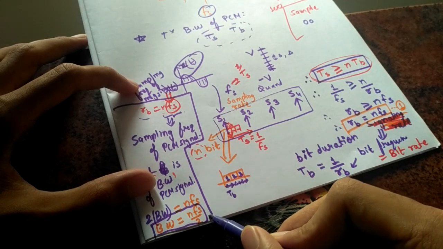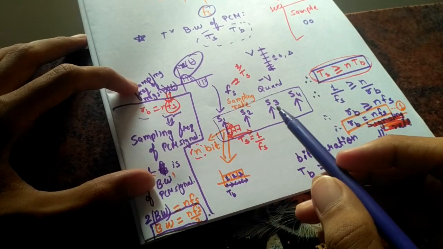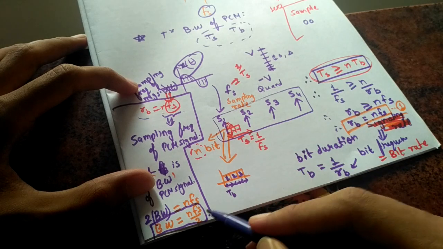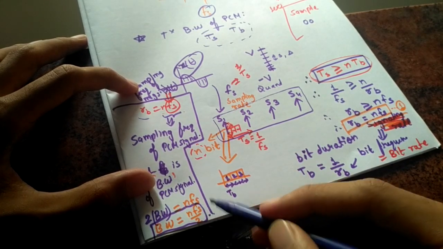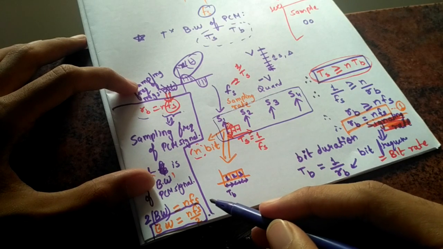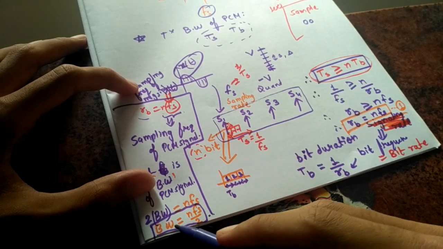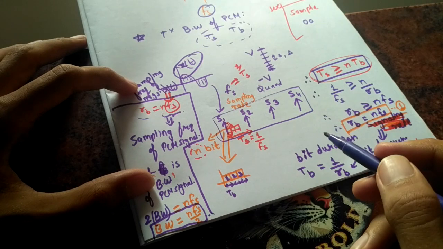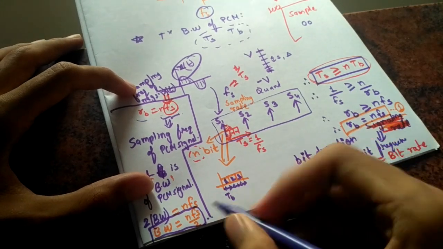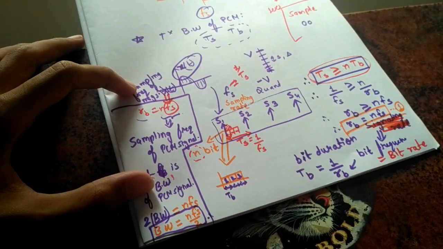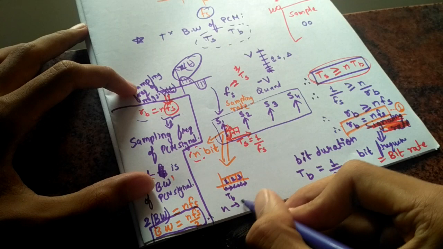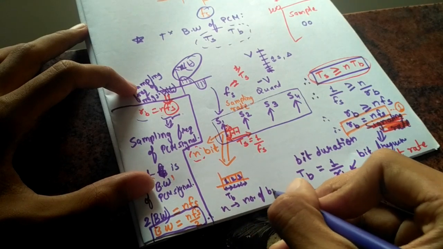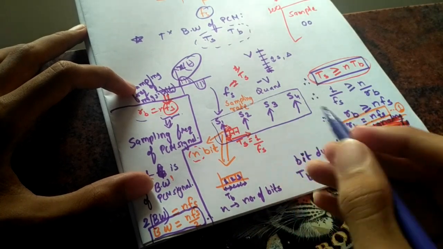So here comes the derivation of the transmission bandwidth of the PCM signal, that is pulse code modulation. We need a minimum bandwidth of nFs by 2, right? Now let me summarize all those stuff. n is the number of bits per word, that is how many bits we are using.